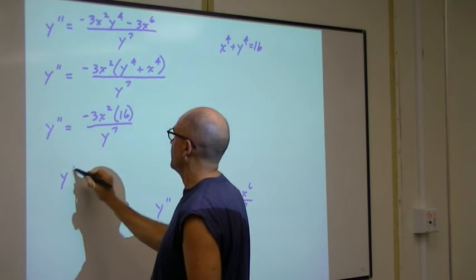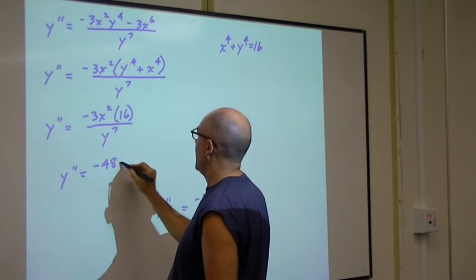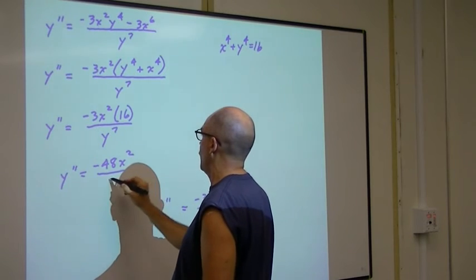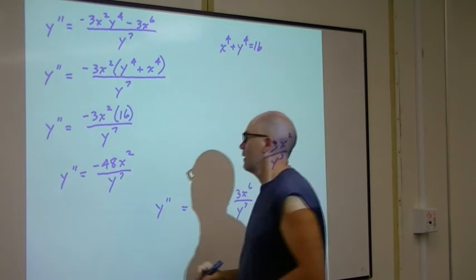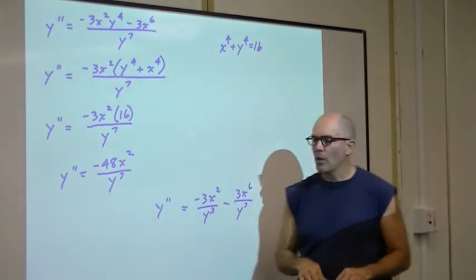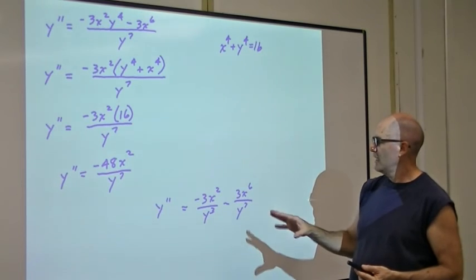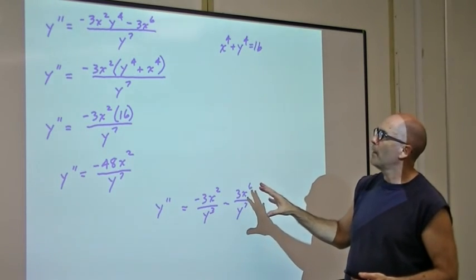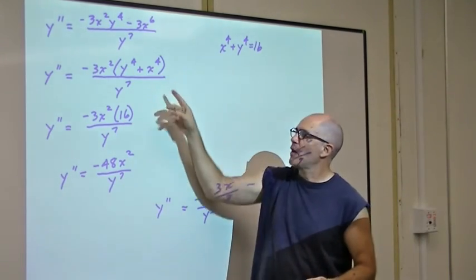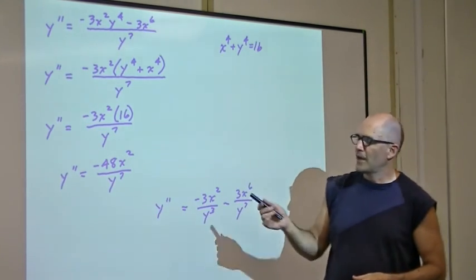So our final answer, y double prime, is negative 48x squared over y to the seventh. That is your simplest form. A lot of times you're not going to be able to get a simpler form, but this one happened to work out nice and neat. So there's your final answer.